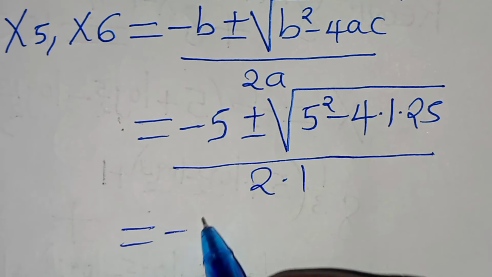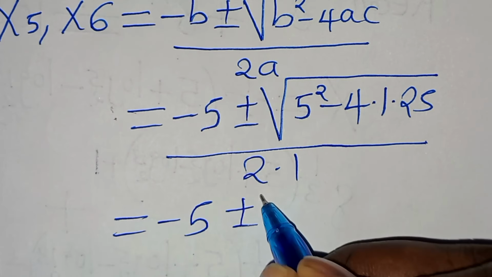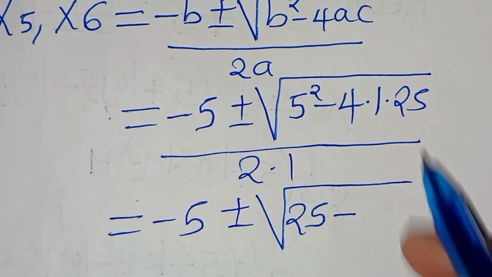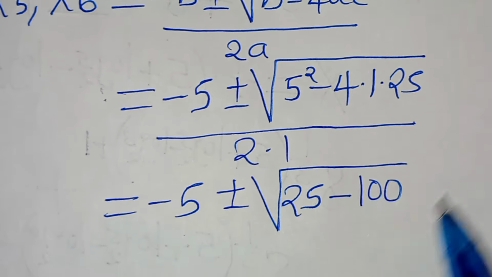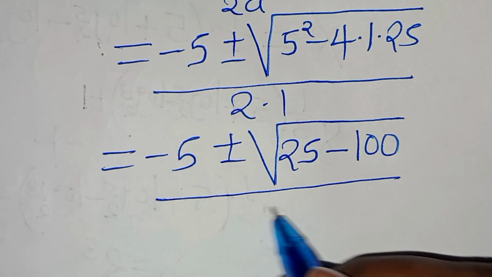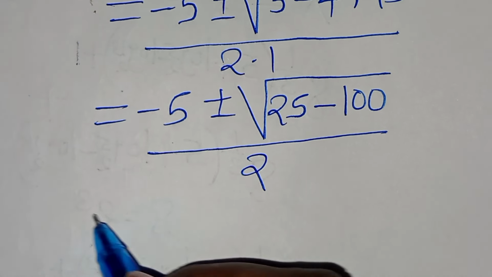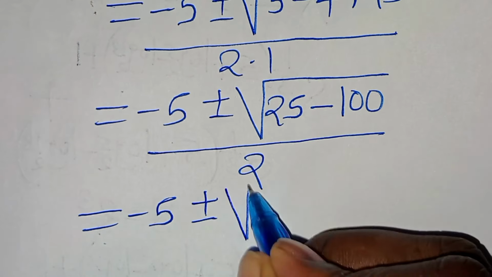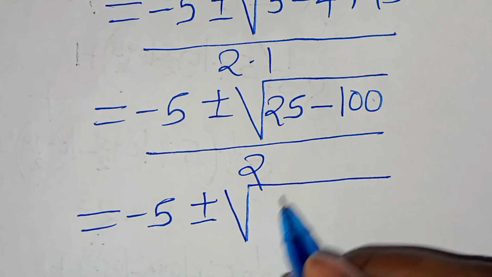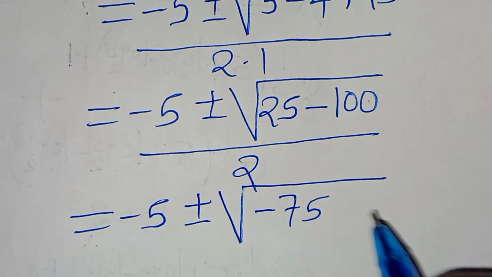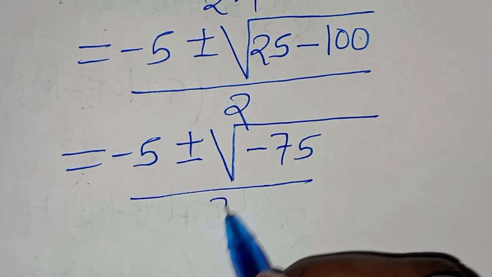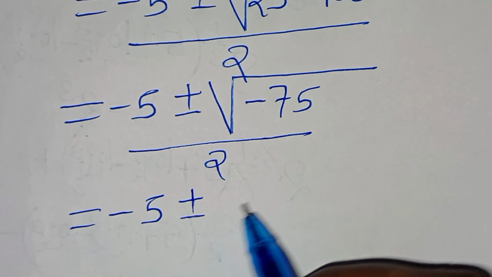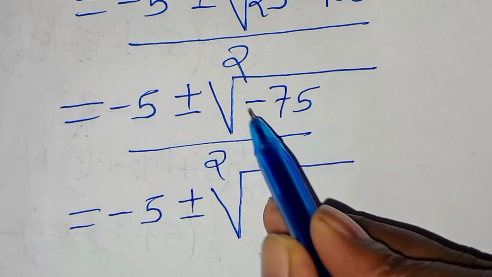So we have minus 5 plus or minus the square root of 5 squared, which is 25, minus 25 times 4, this is 100, everything divided by 2. So we have the square root of 25 minus 100, this is minus 75. So this is the same thing as minus 5 plus or minus the square root of minus 75.